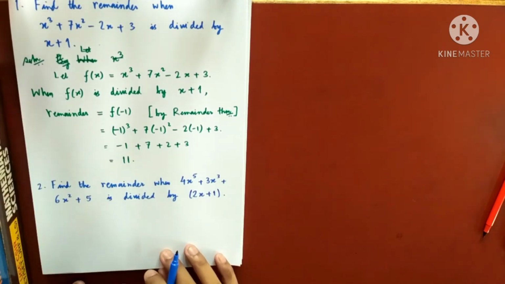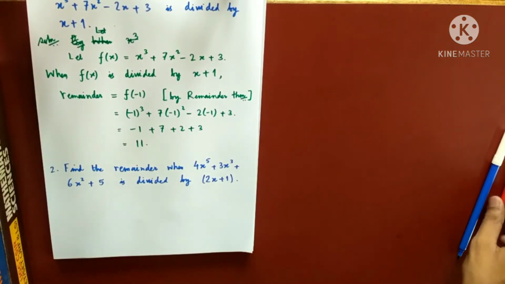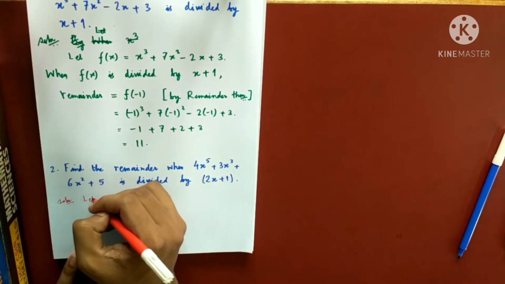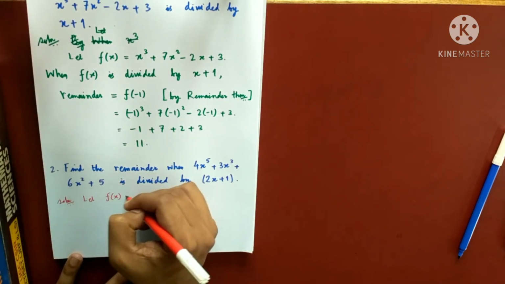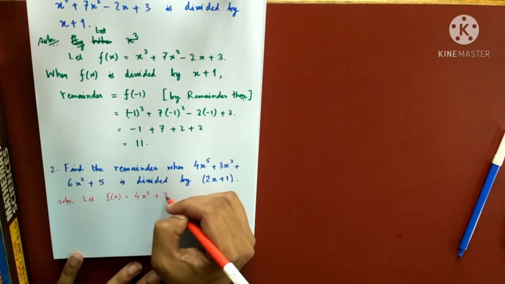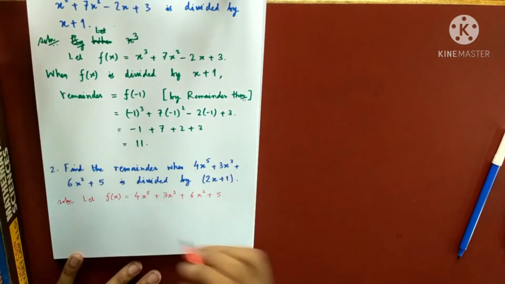So if you proceed in the same way, so how? The solution: let f(x) equal 4x to the power 5 plus 3x cubed plus 6x squared plus 5.